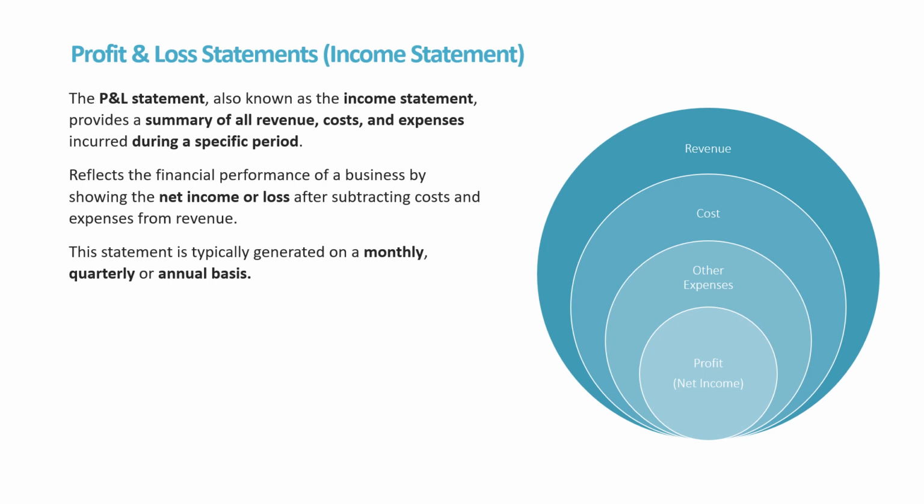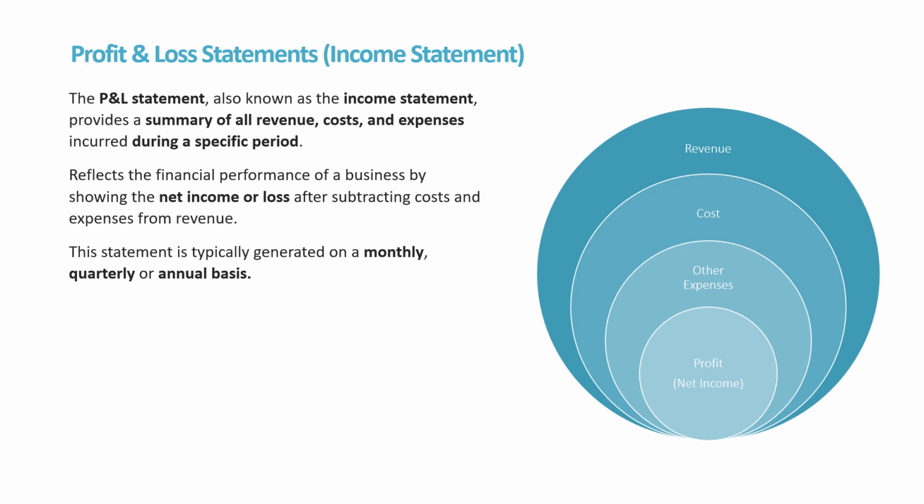In other words, it answers the question: did the company make a profit or incur a loss during the period under review? Understanding the components of revenue, costs, expenses, and how they interact in the PLN statement is essential for informed decision-making, financial planning, and evaluating the overall health of the company.